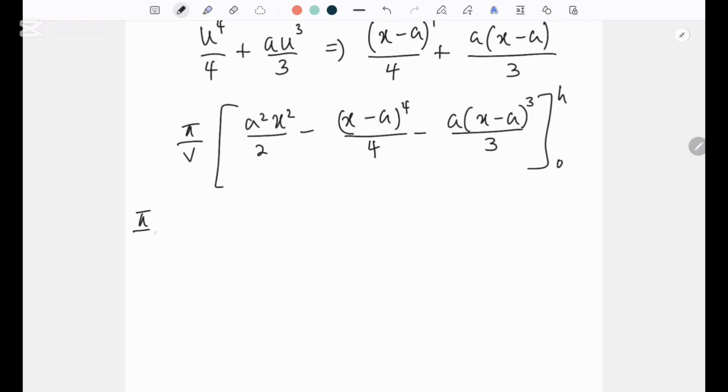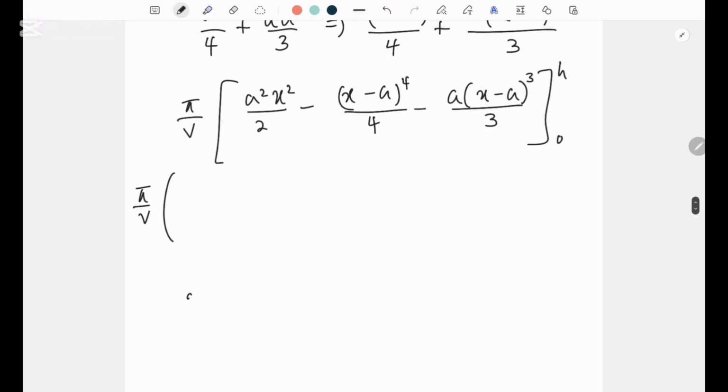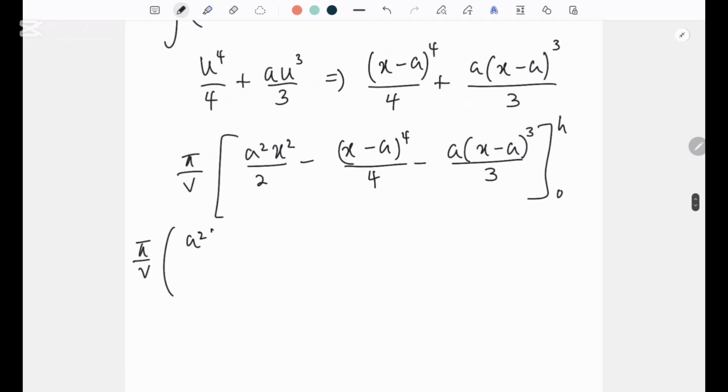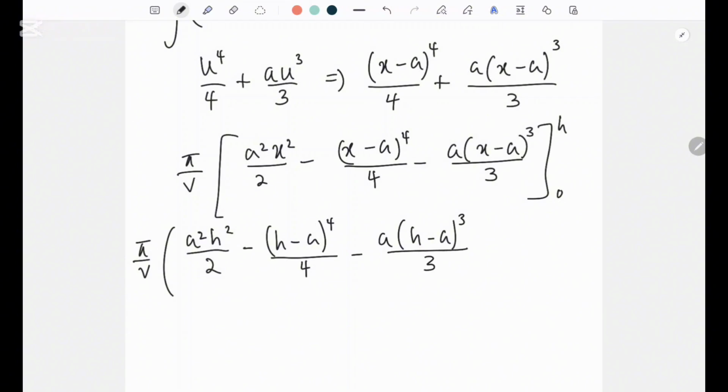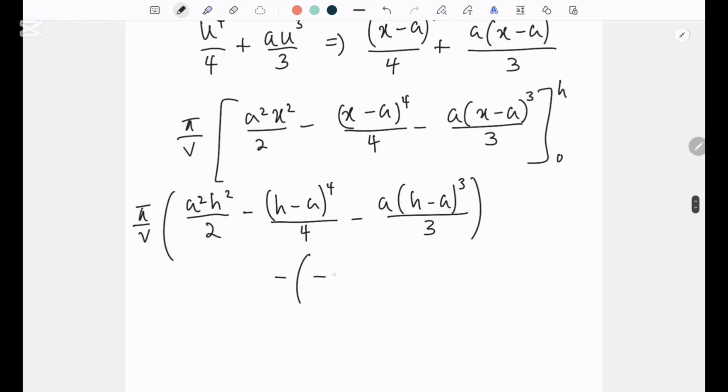So we have pi over v into a squared h squared over 2 minus (h minus a) to the power of 4 over 4 minus a into (h minus a) to the power 3 over 3, minus, I was putting 0, so it's minus a to the power 4 over 4 minus a into minus a to the power 3 over 3, right?